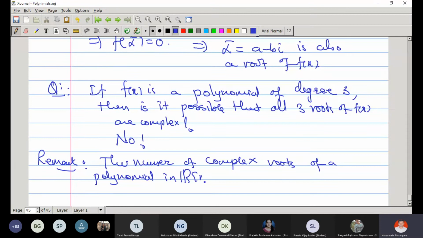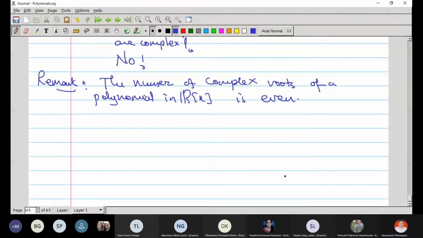The meaning of the statement is clear. The number of complex roots of a polynomial with real coefficients is even. How many complex roots can a polynomial have?